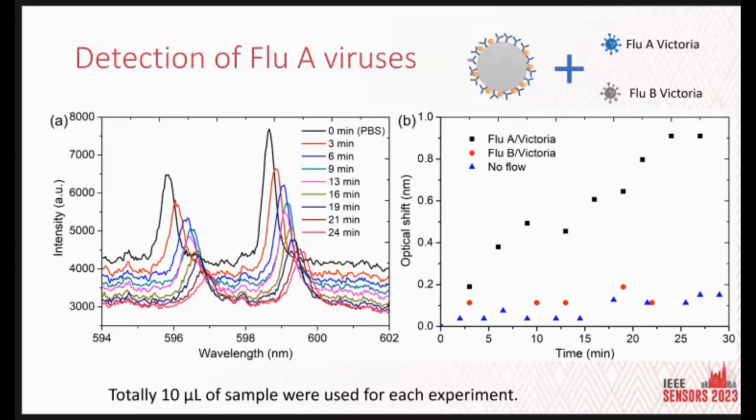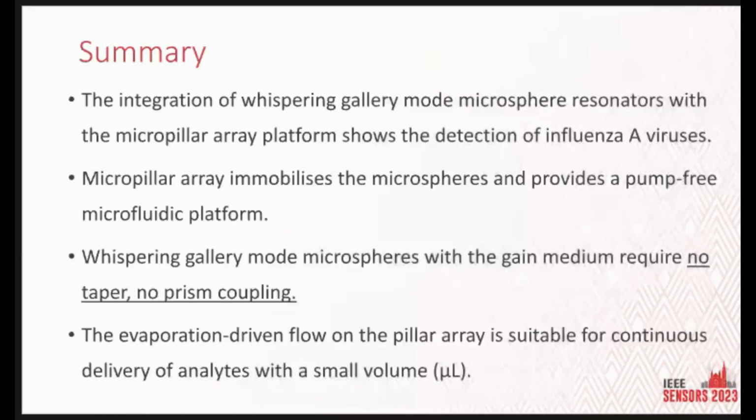You can see the red dot doesn't really shift much. And then we also do another thing: we cover the array with a cover slip that will stop evaporation, so we basically stop the flow there. So we're not flowing, and we don't really observe any shifts in 30 minutes. So it's really showing the evaporation-driven flow plays a very important role in our system here.